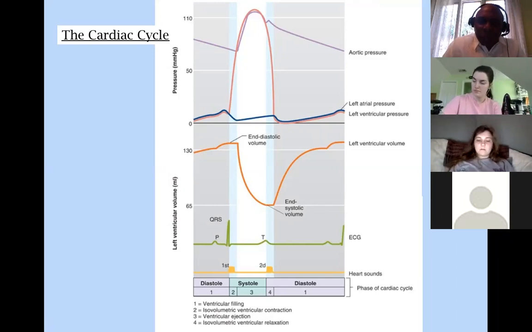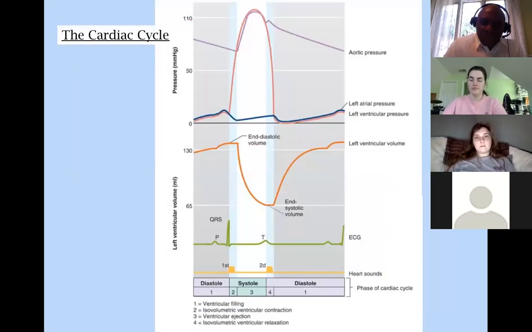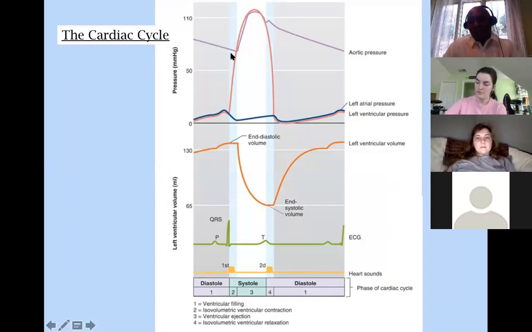So therefore, we have 120/80. So the systolic is the same as the left ventricle, but the diastole is different. Okay, so 120/80, normally that's what we use. The pressure in the artery is 120/80.